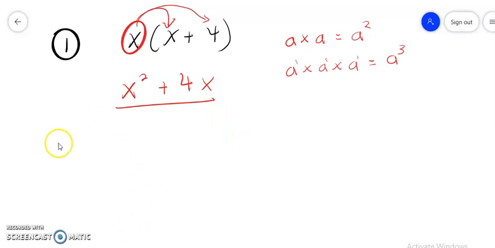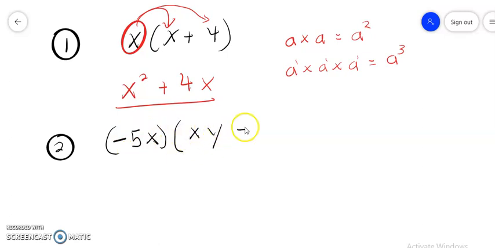Now let us try the second question with the negative 5x here. Then we multiply with xy minus 7xz.